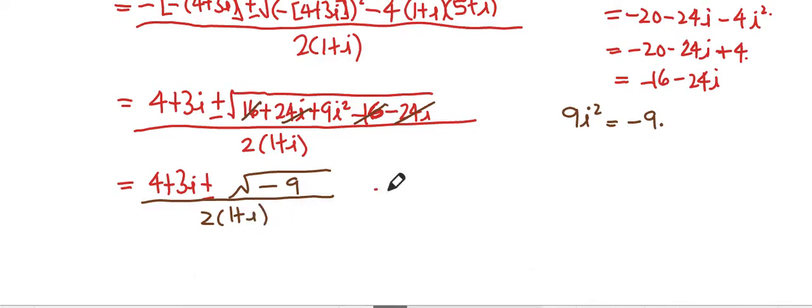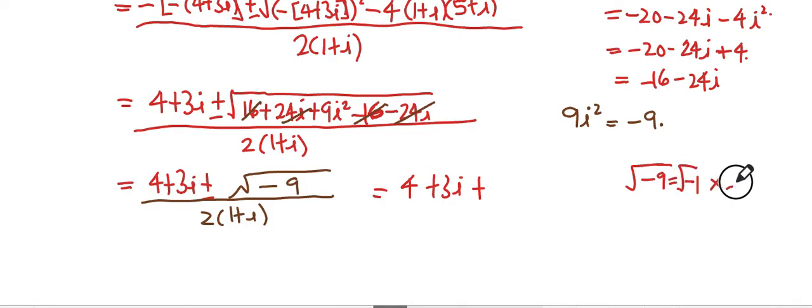Simplified further, we have 4 + 3i and then plus or minus the square root of negative 9. I can split that into the square root of negative 1 times the square root of 9. This will give me i, and positive and negative 3.